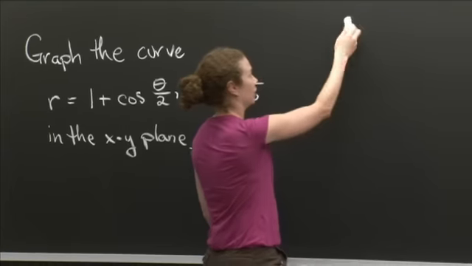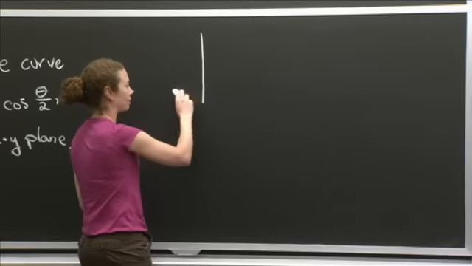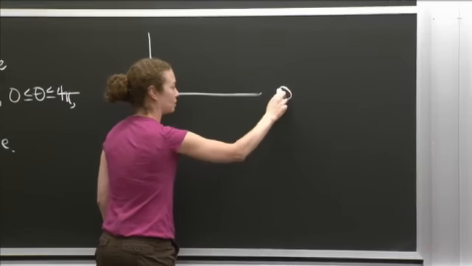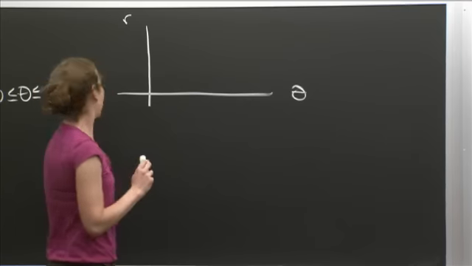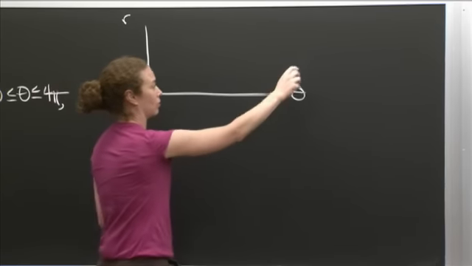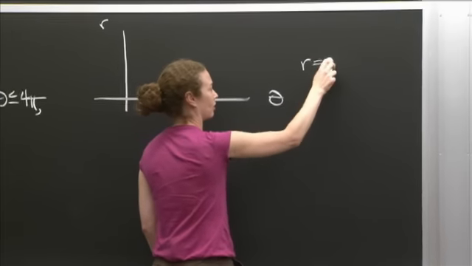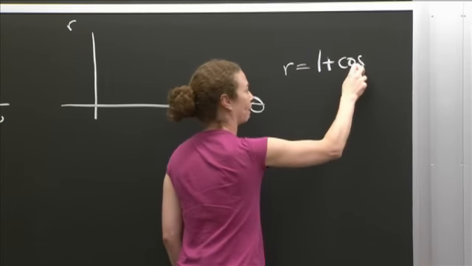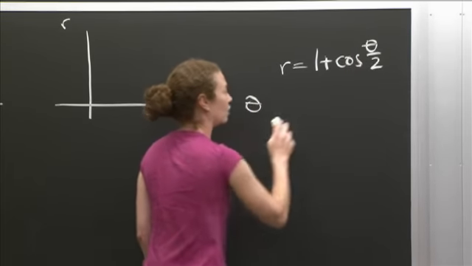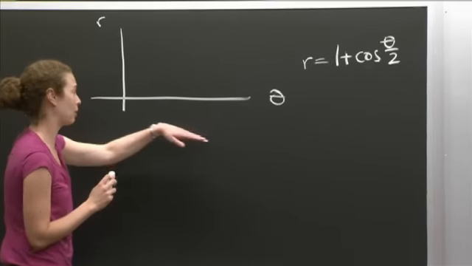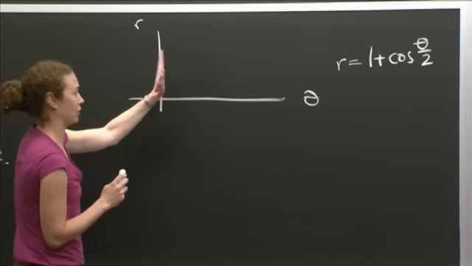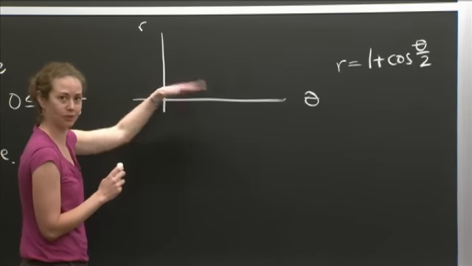Okay, so the first thing we do is I'm going to let this be the theta axis and this be the r axis. And I want to write down over here what the equation is so I don't have to keep turning around. Again, I don't want to think about this as the xy plane, because in the xy plane, theta has certain values at each point that are fixed based on the angle.